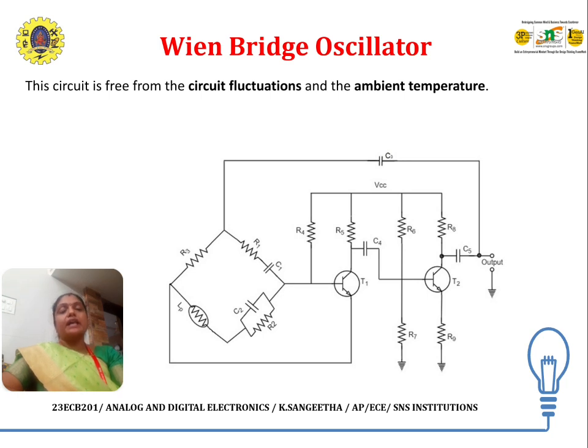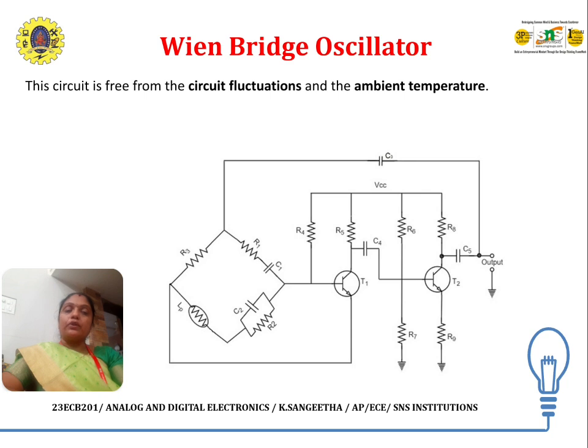Here it is amplified, and it also produces 180 degree phase shift. So totally 360 degree phase shift oscillations. Here the Barkhausen criteria is satisfied, and the transistor T2 acts as an inverter.